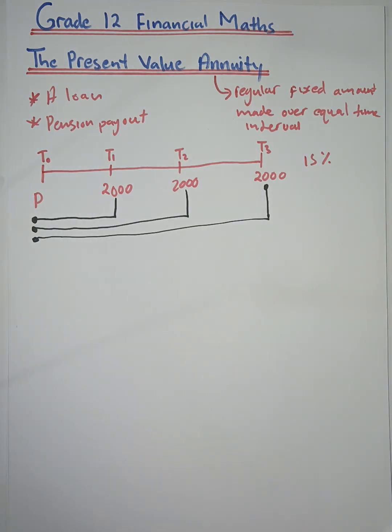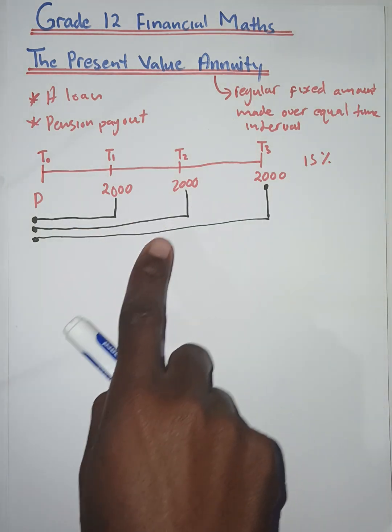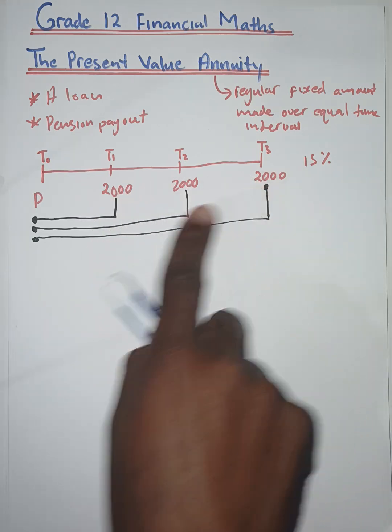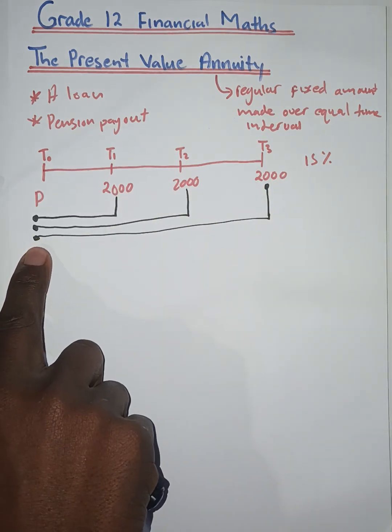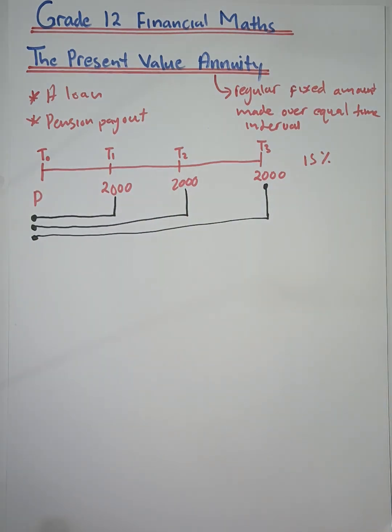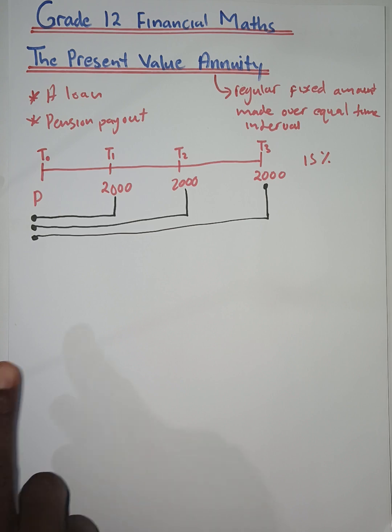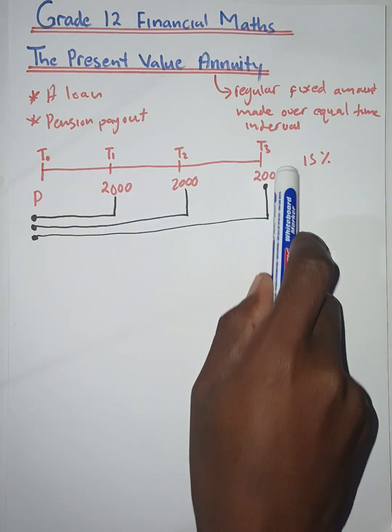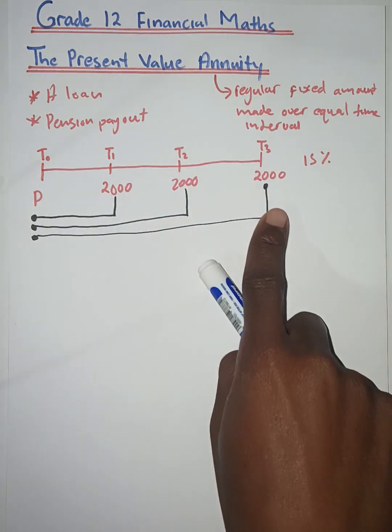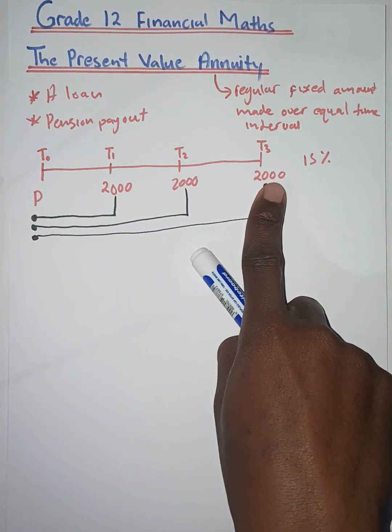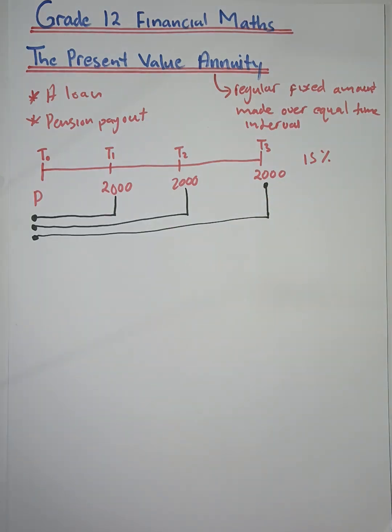So what I'm going to do is find out how much all of these payments are worth at T0. Then I'm going to add them up, and I'll be able to know the amount of the loan. I'm going to treat each of these amounts separately. The first thing I'm going to do is take that 2,000. I'm going to do things a little bit differently, and it's fine if you do not understand this.